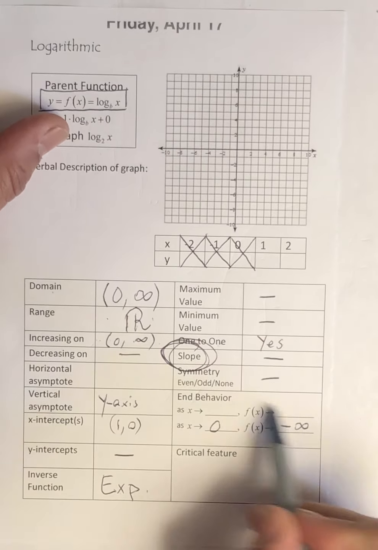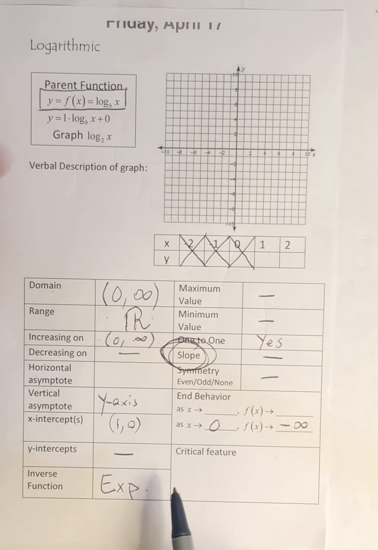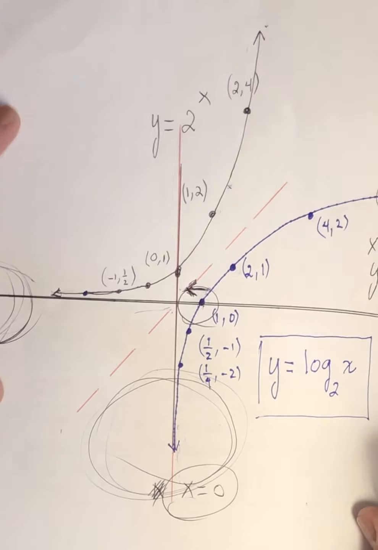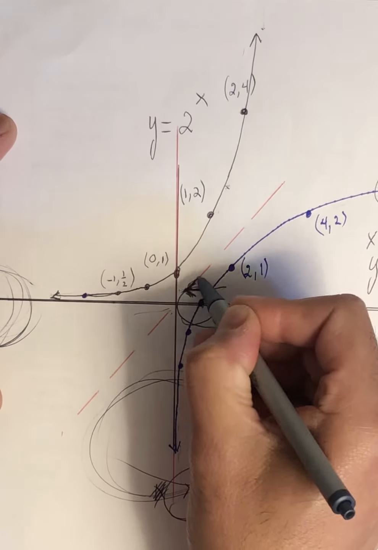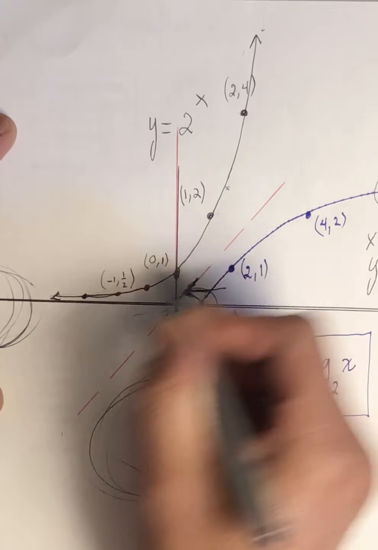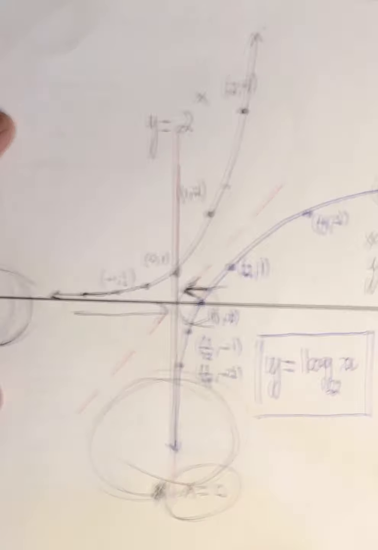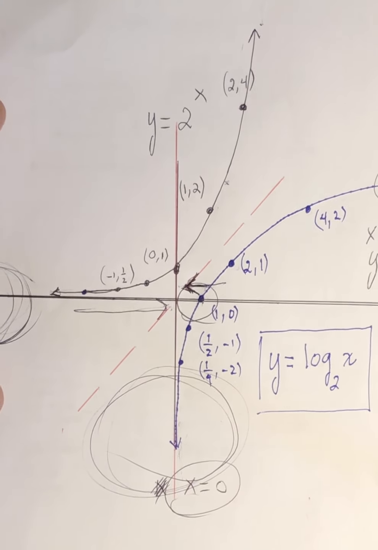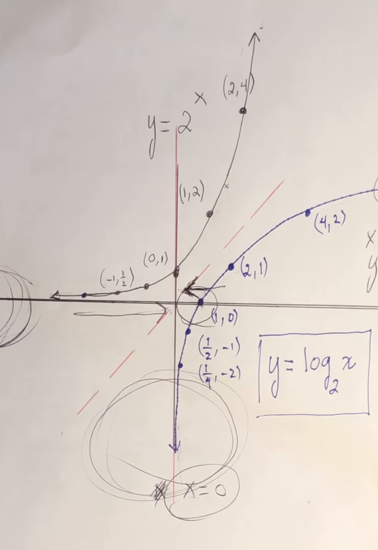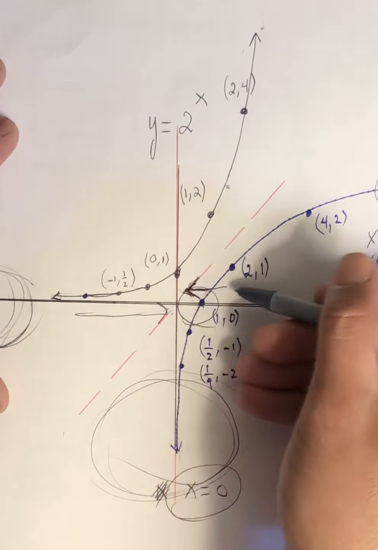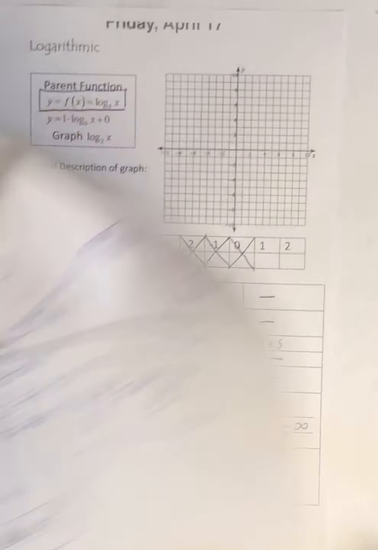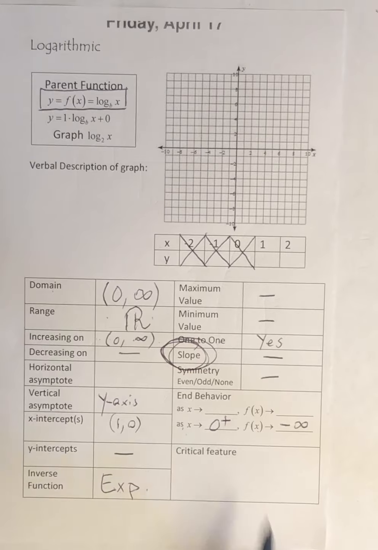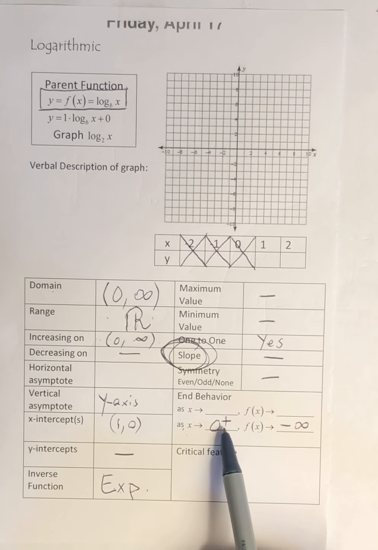The only problem with this notation is that when we say x is approaching 0, the reader, the audience, doesn't know if we're approaching 0 from the right side or from the left side. So using notation, we have to tell the audience we mean we're approaching 0 from the right side. Well, the notation for that is to put a superscript plus after the 0.